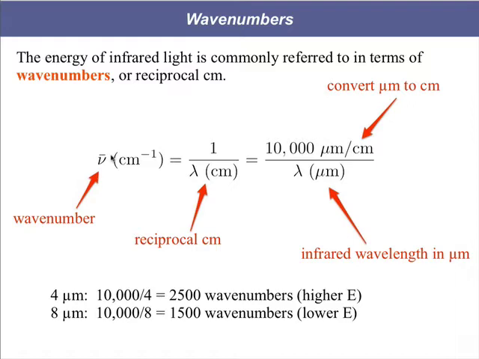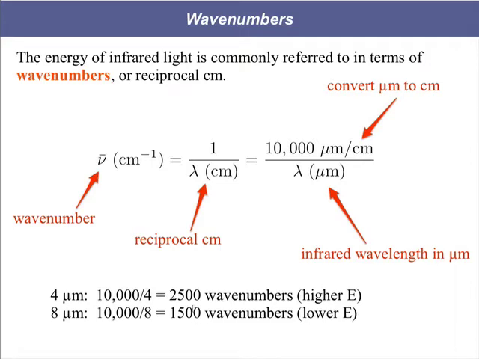So instead of dealing with fractions of a micrometer, if we convert it into centimeters and then invert it, rather than dealing with 4, 4.1, 4.2, 4.3, 4.4, etc., we can deal with numbers from 1500 to 2500. So we can talk about 1550, 1600, 1625, 1610. We can easily distinguish between 1610 and 1615 rather than dealing with something like 7.4 and 7.35. So it makes the numbers a little bit more manageable.